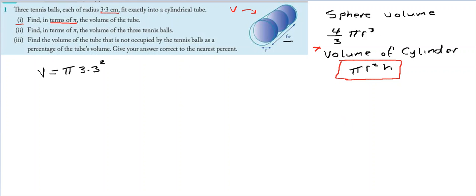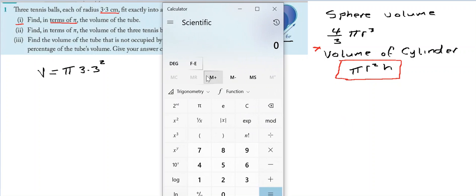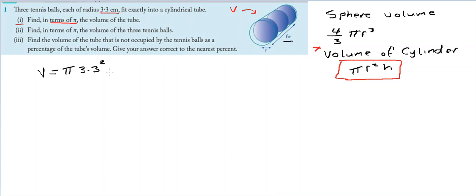So 6 times the radius, let's work that out. It's going to be 6 multiplied by 3.3, which is equal to 19.8. And we'll just write this in as multiplied by 19.8.